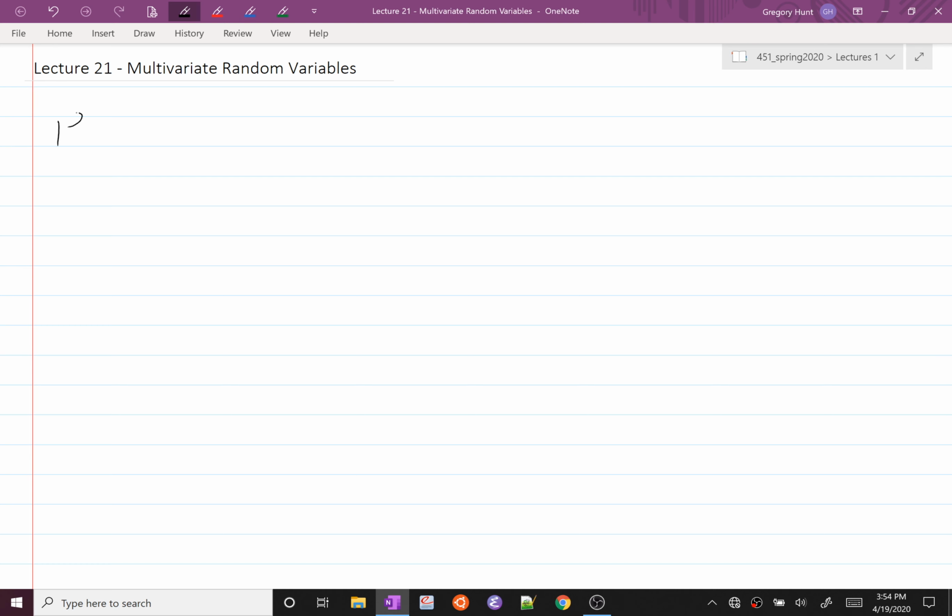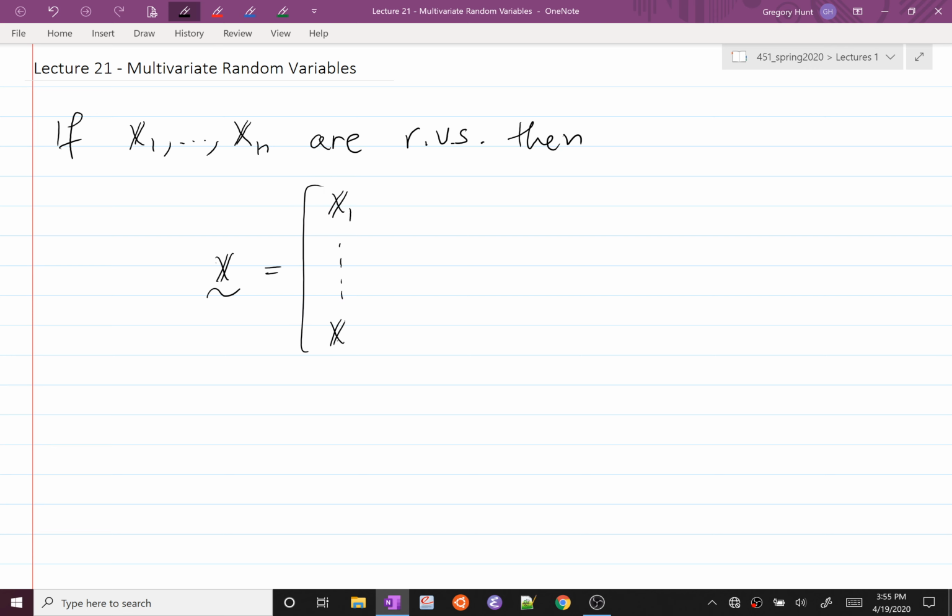So if we have a set of random variables, x1, let's say to x sub n, if these are random variables, then we're going to define x with a tilde under it to be the vector of x1 to x sub n, either as a column vector or we can write it as a row vector transpose. This is x1 to x sub n, and we're going to put a prime here for transpose.